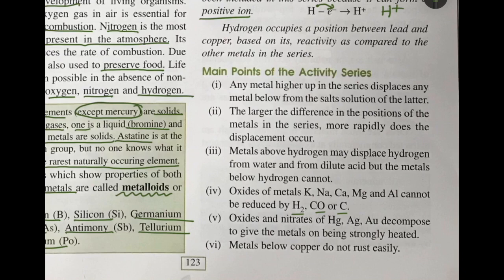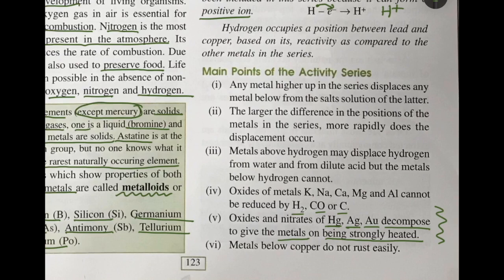And oxides and nitrates of mercury, silver, and gold decompose, that is, they break down to give the metal when strongly heated, that is mercuric oxide, mercuric nitrate, or silver oxide, silver nitrate, or auric oxide, auric nitrate.